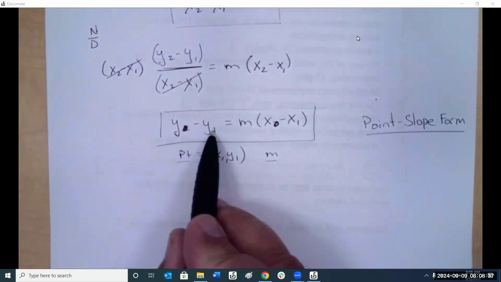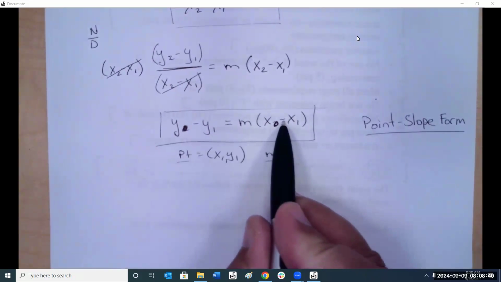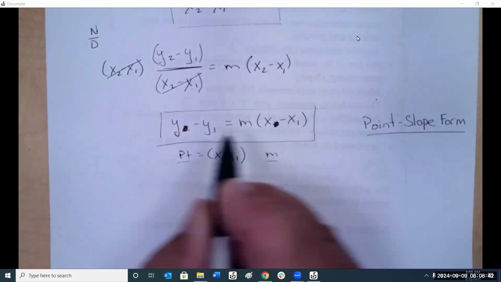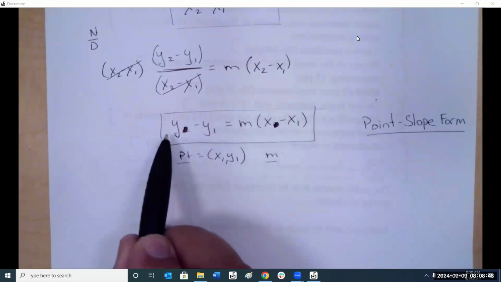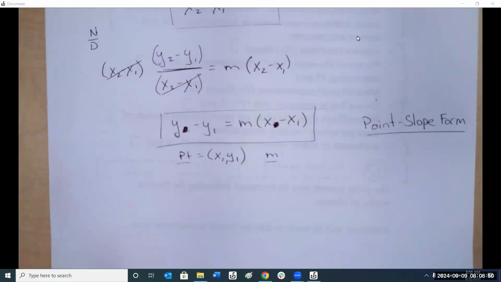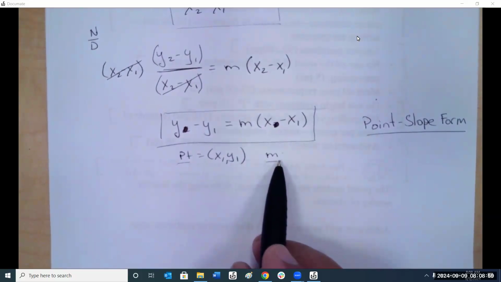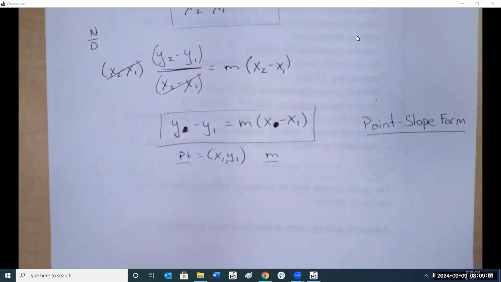So it's y minus y1 equals m times x minus x1. The twos disappear, because in your equation, you have to have an x variable and a y variable. Remember, x1, y1 are solid numbers. They're a point in your graph. M is a solid number. It's the slope of your graph. So that's the first formula of equation of a line.